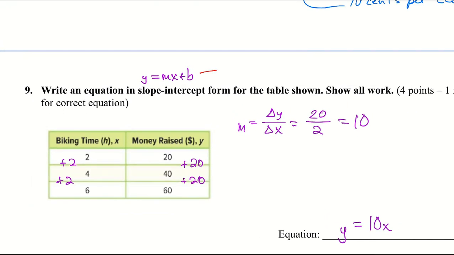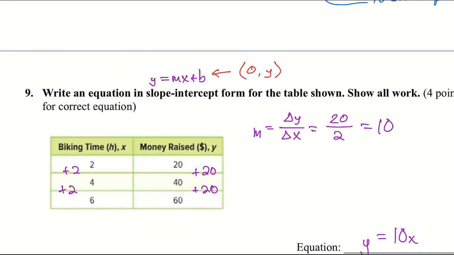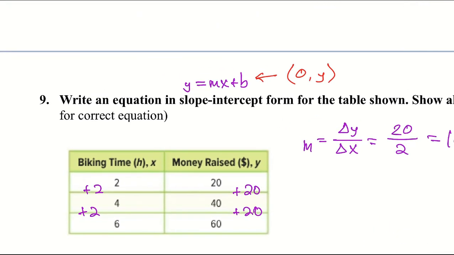The thing about this b is that it's an ordered pair where 0 is the x. And if I'm looking at this table, I see 2, 4, 6. If I back this up though, because we're adding 2 each time, if I take it one step back to where we are subtracting 2, 2 minus 2 is 0. So that gives me my x.